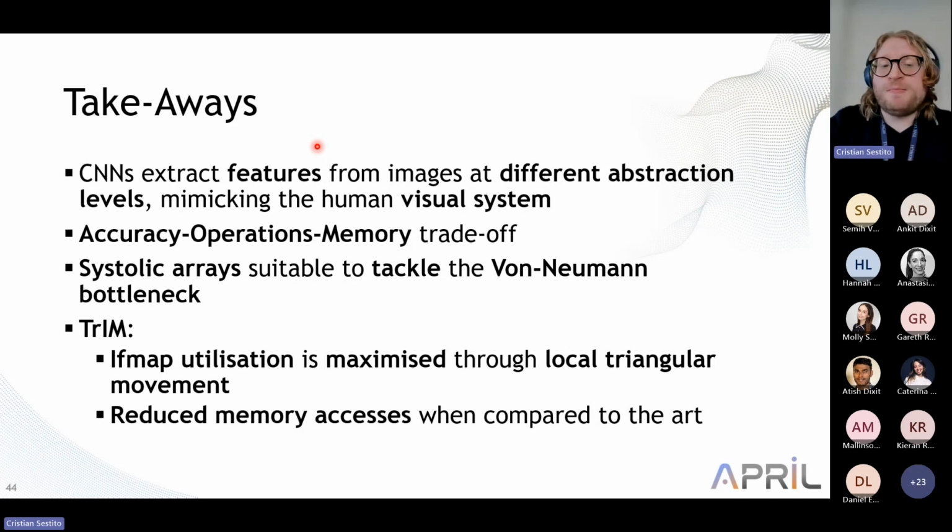And thus we have TRIM, a new type of data flow and systolic array that exploits input feature map utilization maximization through local triangular movement and, as a key result, reduced memory access when compared to some state-of-the-art convolutional neural networks.